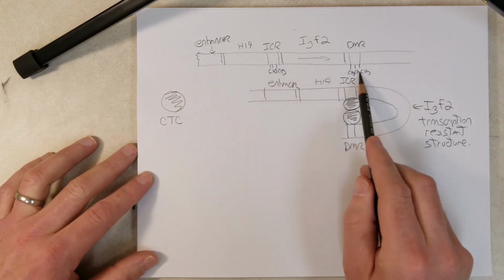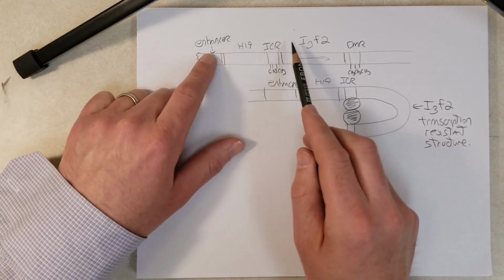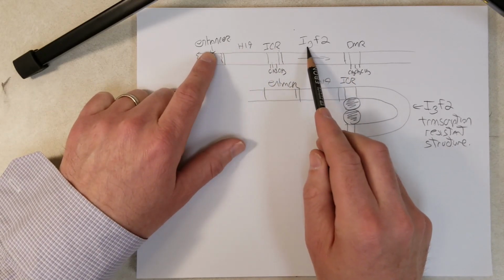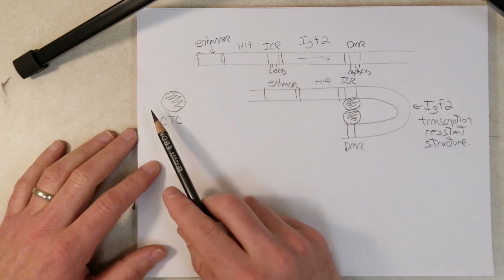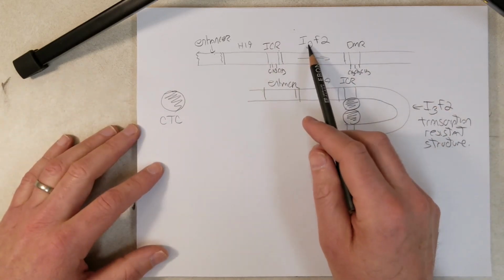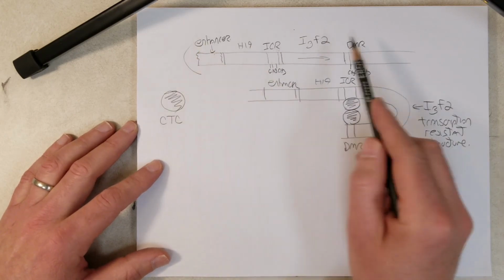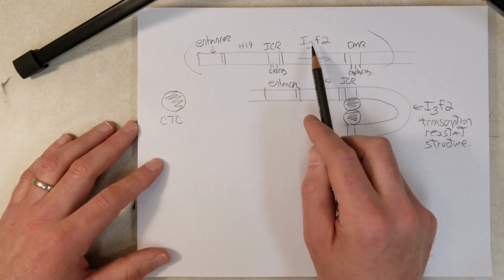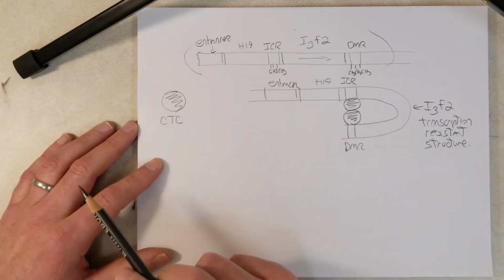When these are methylated, CTCF cannot bind to them, and therefore the enhancer can control and activate transcription of IGF2.